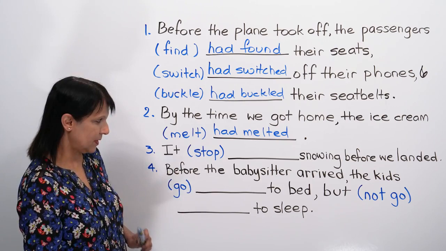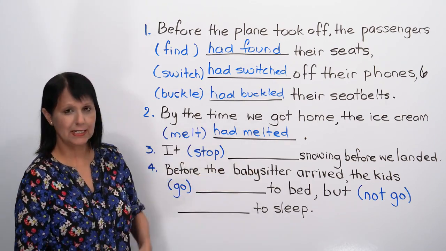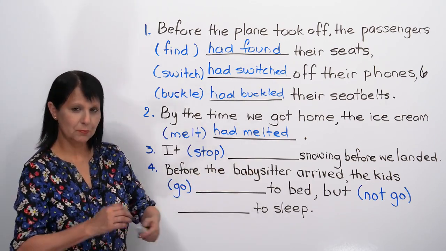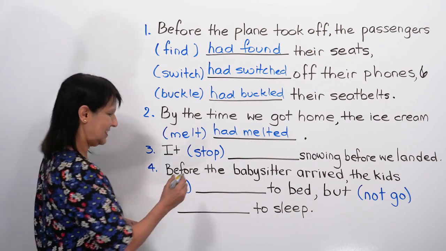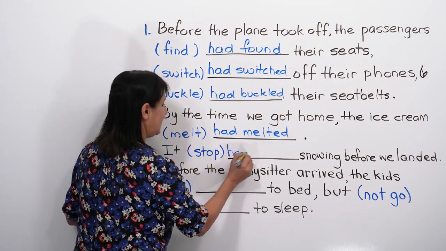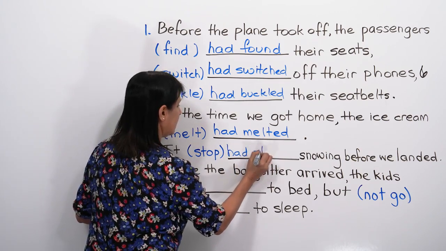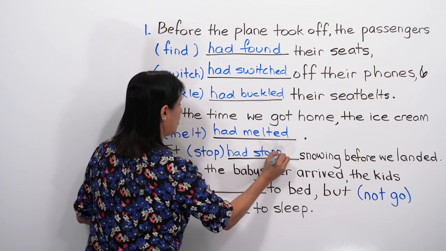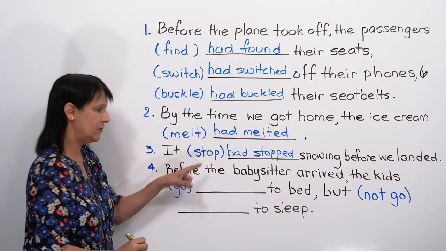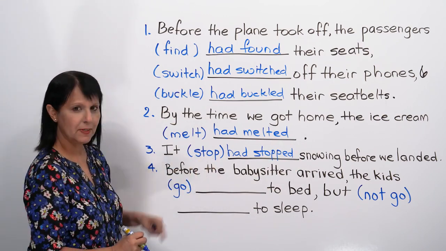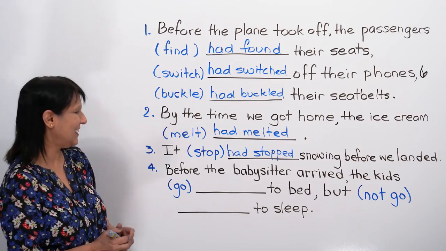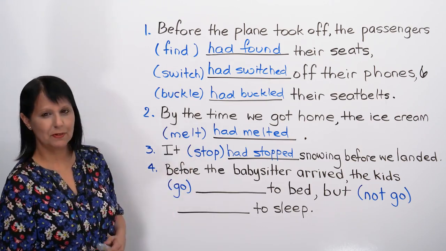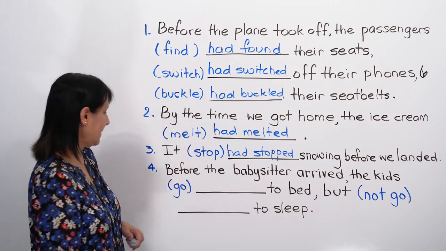It stopped snowing before we landed. Put it into past perfect. It, yes, had stopped. Remember, this is one of those verbs, CVC. It's not always like that, but most of the time it is, okay? It had stopped snowing before we landed.